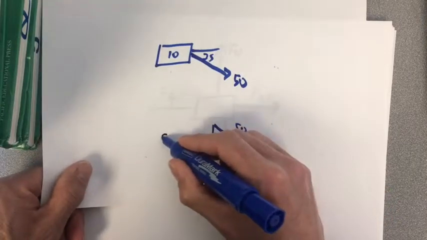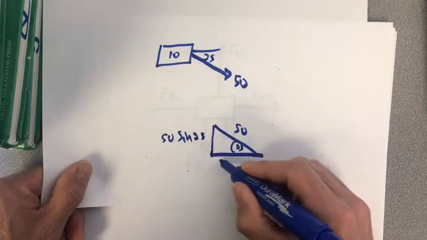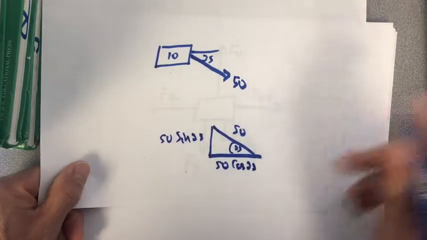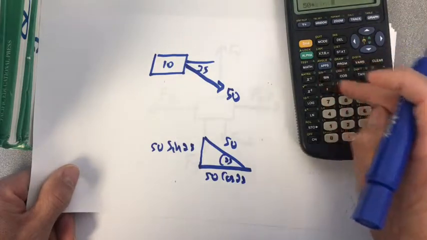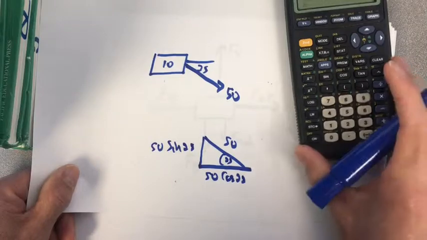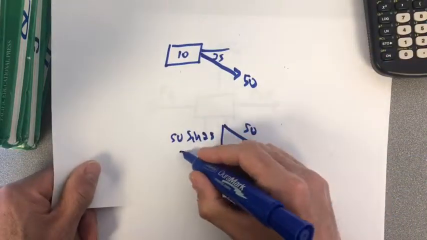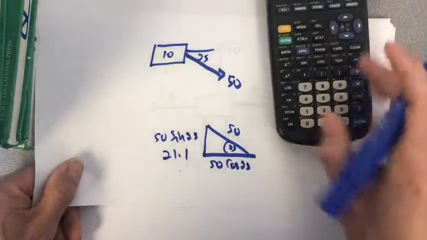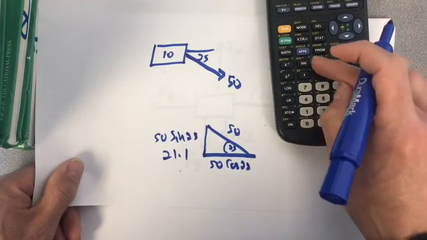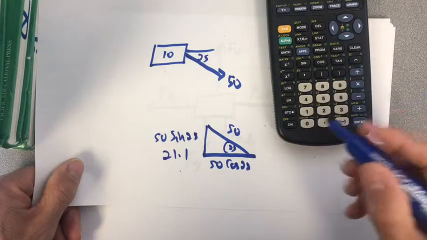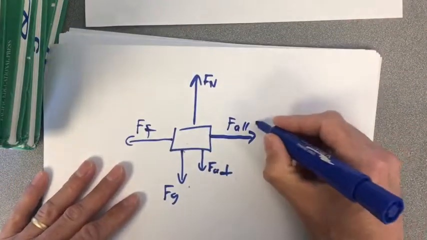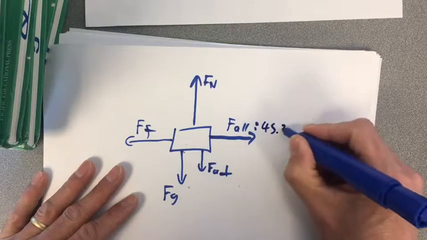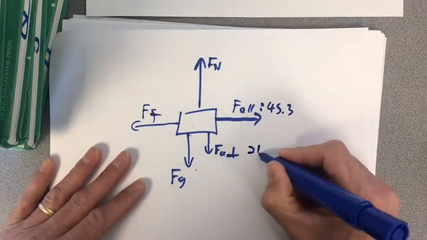So this is going to be 50 sine 25 and 50 cos 25. So this is 45.3 and this is 21.1.